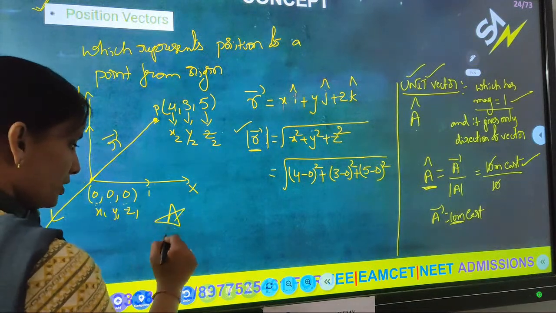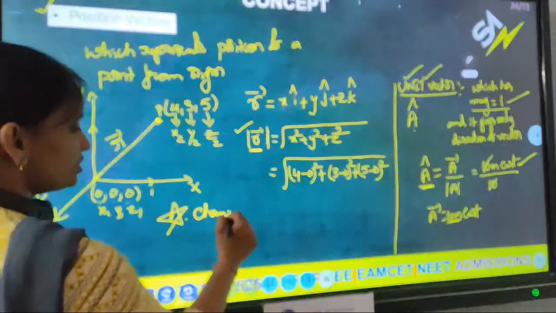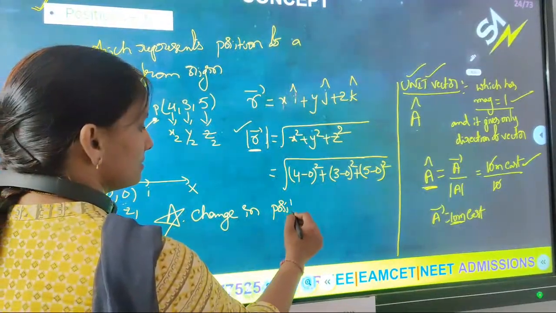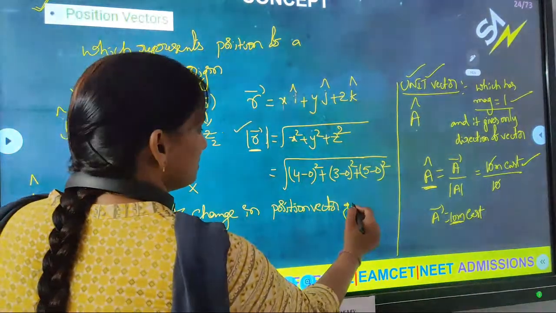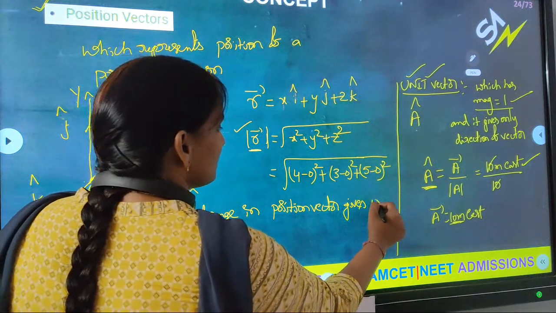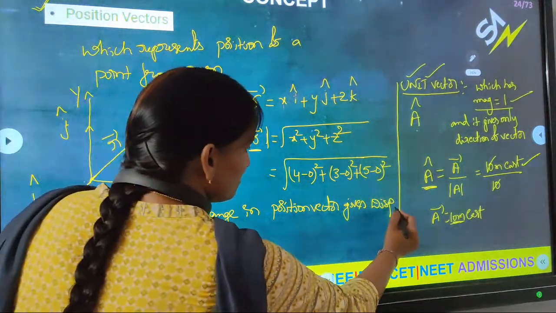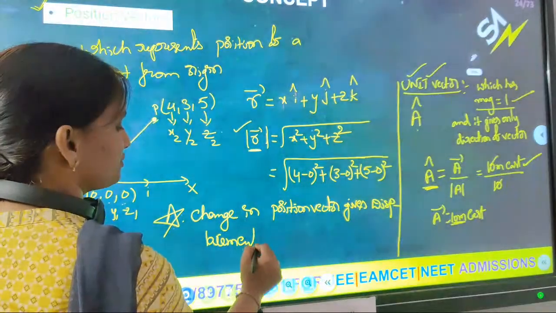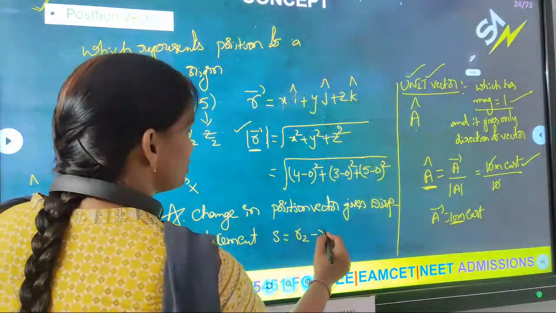And an important point about the position vector is that the change in position vector gives us the displacement of the particle. So displacement is equal to the change in position.